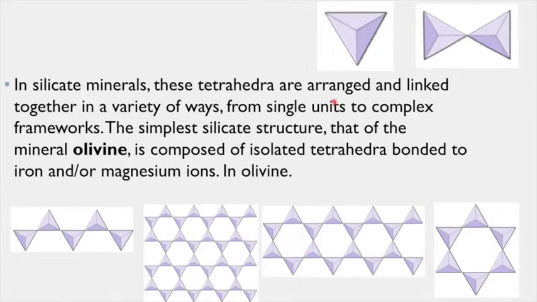But in single independent or isolated tetrahedra, none of the oxygen atoms are shared with any other silicon tetrahedron, so they remain free or they remain independent. Now, a very important group of minerals belong to nesosilicates, that is olivine and garnet, etc.